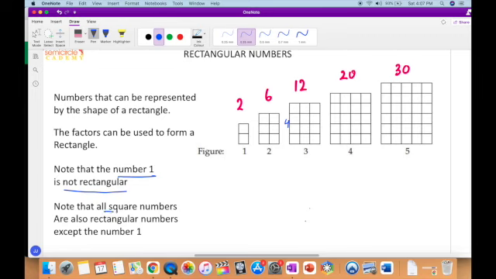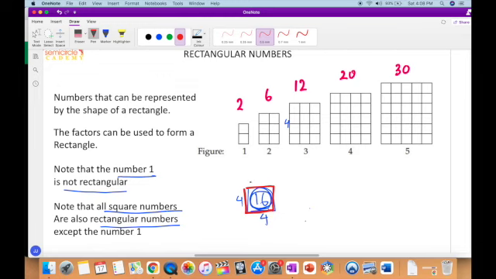However, all square numbers are also rectangular numbers. You know why all square numbers are rectangular numbers? Right? 4 4s are 16. That's a square number. But this is also a rectangular number because, and I'm sure some of you probably didn't know this, a square is a rectangle, right?